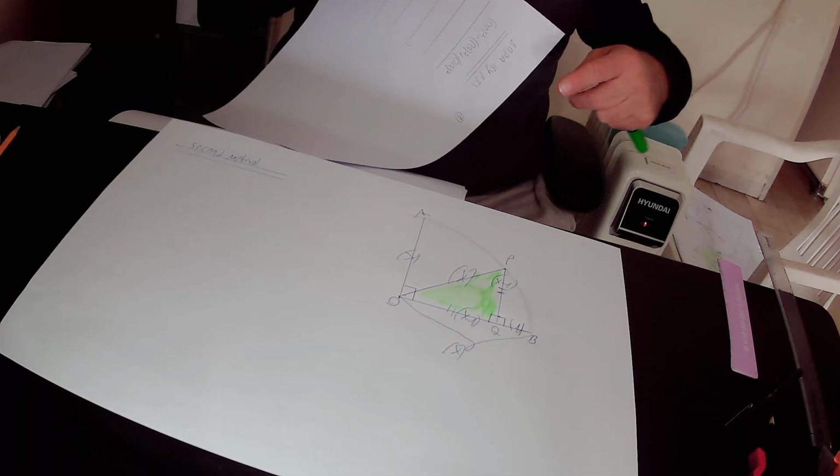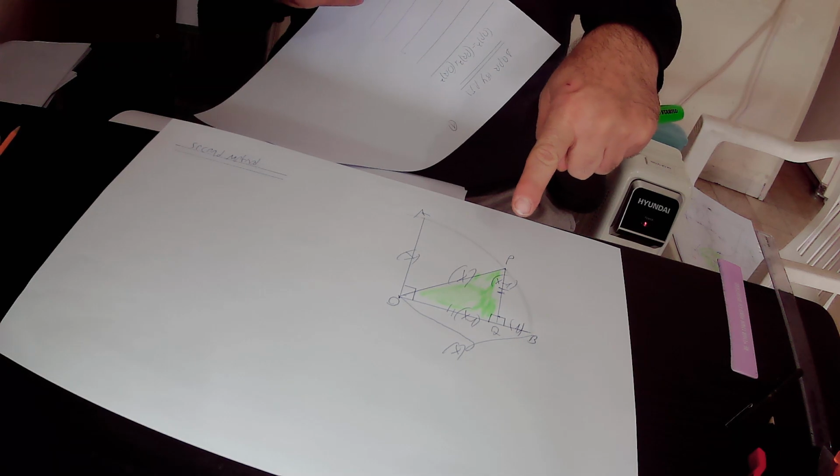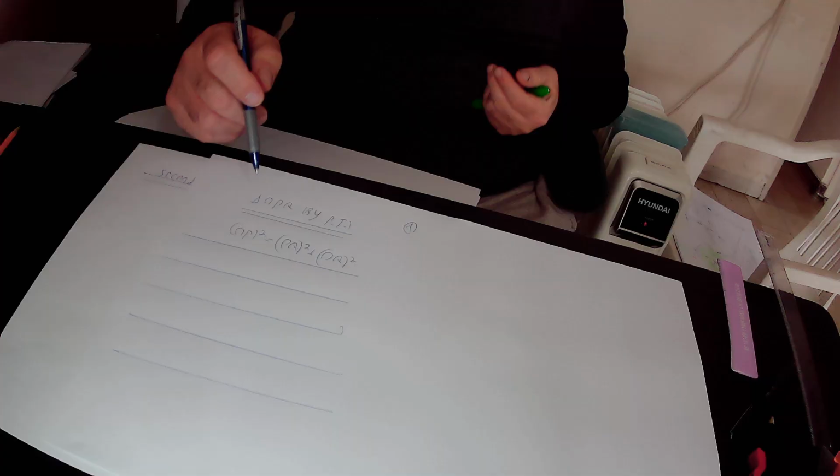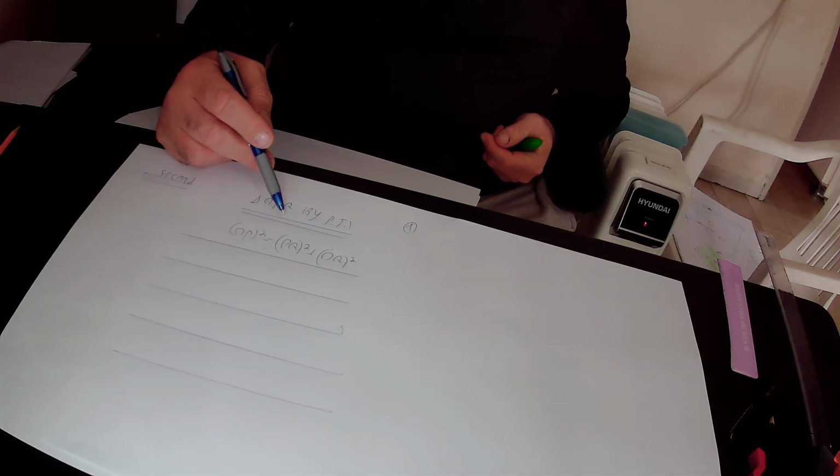Again, according to the Pythagoras theorem, in this green right triangle, OP squared, the square of the hypotenuse, equals PQ squared plus OQ squared.